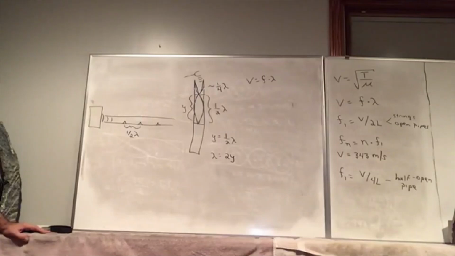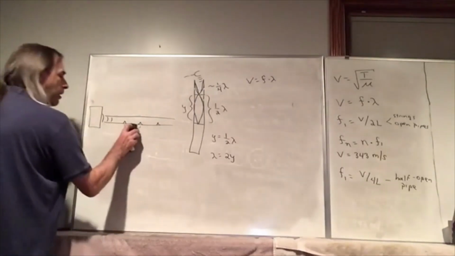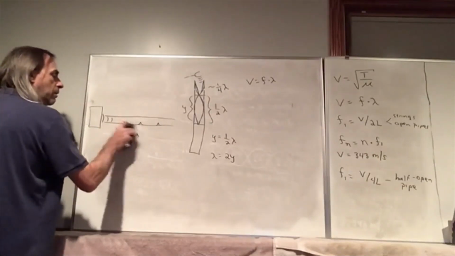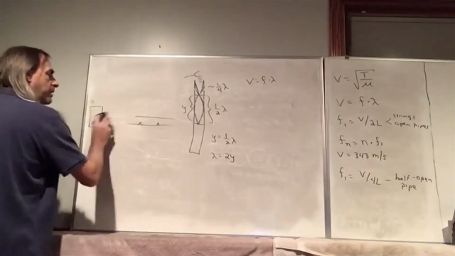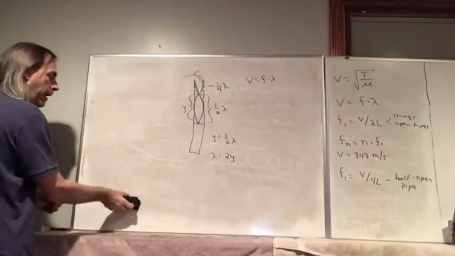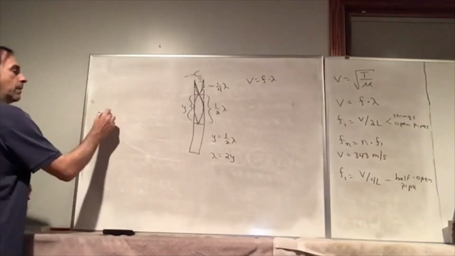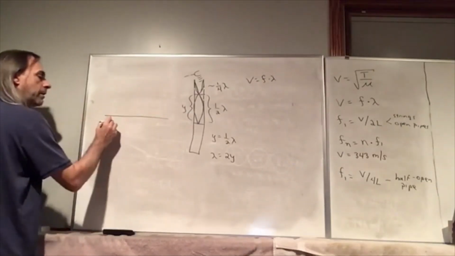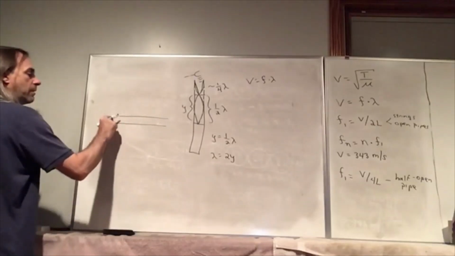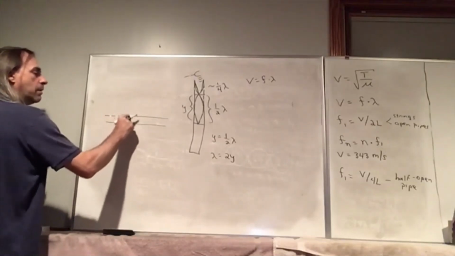There's another, maybe more dramatic demonstration of this. And you can see this on YouTube. You fill this tube with propane and light it on fire. What you do is you cut some holes in the tube.